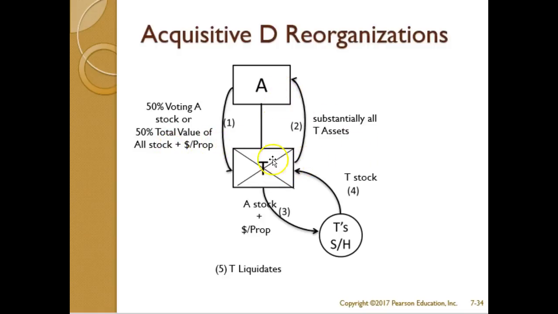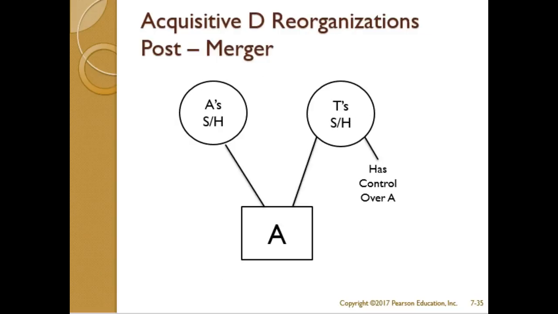Substantially all the assets move into A. The stock and property goes to T shareholders, the stock goes back into the corporation, and post merger looks like this. The target corporation has control over A. Okay, so that's a type D reorganization.